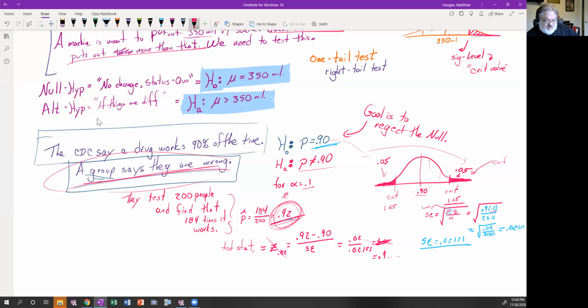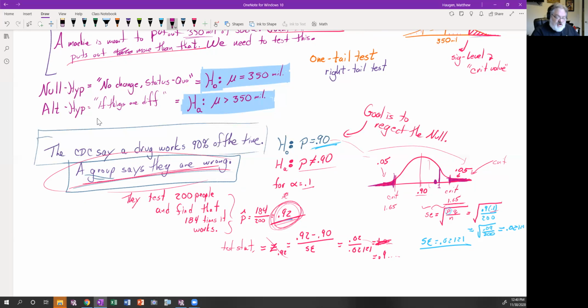Well, if it's a little bit less than 1, where is it? If that's a z-score of 1, it landed right there. Did it land in that critical range? No. The critical range being the outside. Did it land in the I'm-going-to-say-you're-wrong range? It did not.